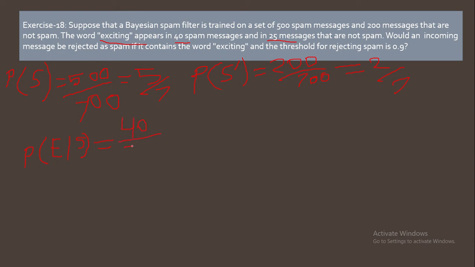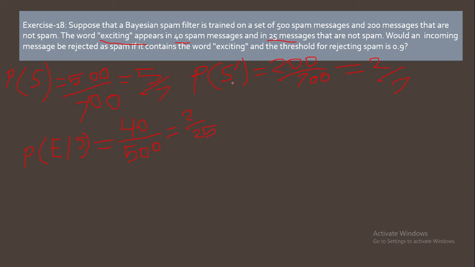Why? Because there are 40 spam messages in which the word exciting appears and the total spam messages are 500. So it will be 2 by 25.